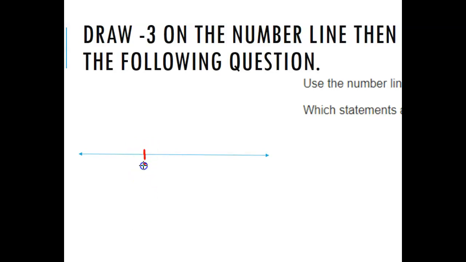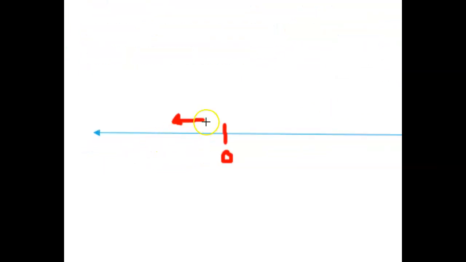On the number line, we'll put 0 right here, okay? And then negative numbers are on the left side of the number line. So I know -3 is going to go this way, and let's just count 1, 2, 3.